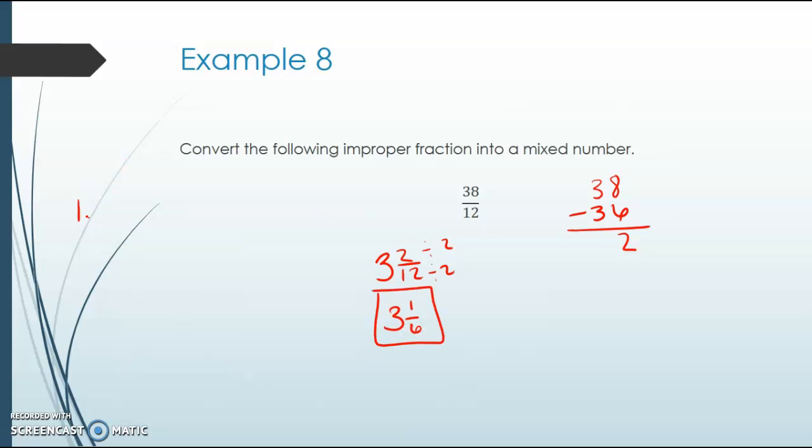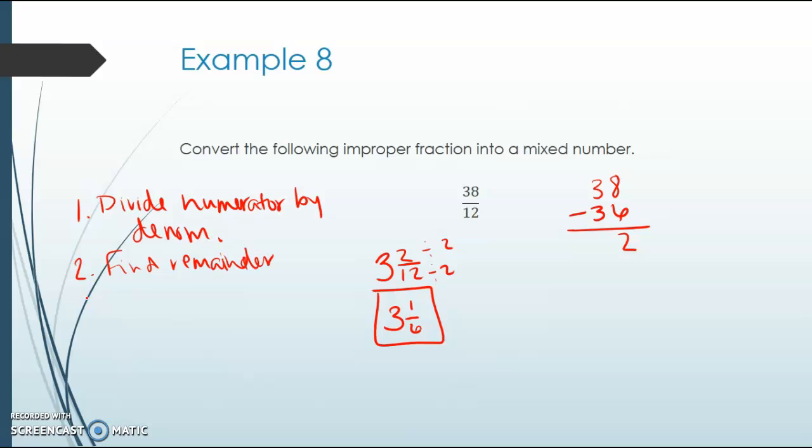So again, our steps were: divide the numerator by the denominator, find the remainder, and write the remainder over the denominator.